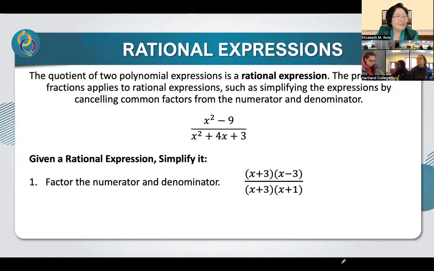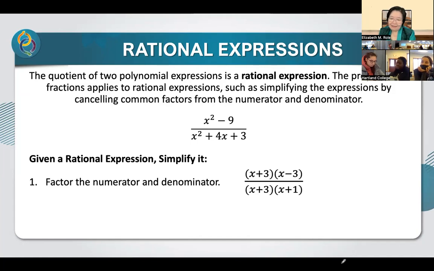I am just showing this as an example. If you have x squared minus 9, you know that this is a difference of two squares. So you now have x plus 3 times x minus 3. Then the denominator is a trinomial with a leading coefficient 1, and you've learned how to do factoring on that. So it will now be x plus 3 times x minus 1 using your mental math, because the factors of 3 are 3 and 1, and the sum of 3 and 1 is 4.